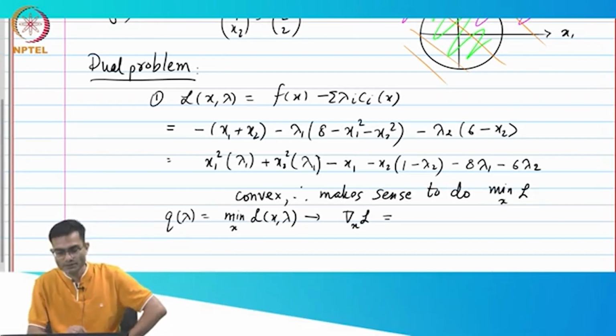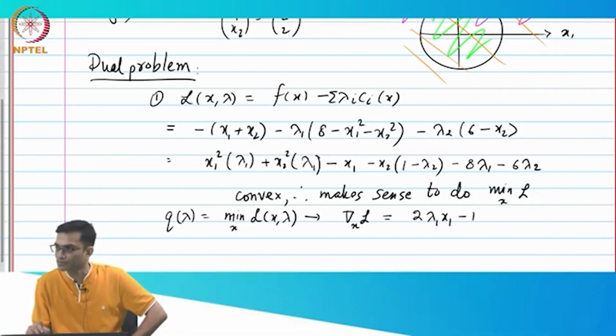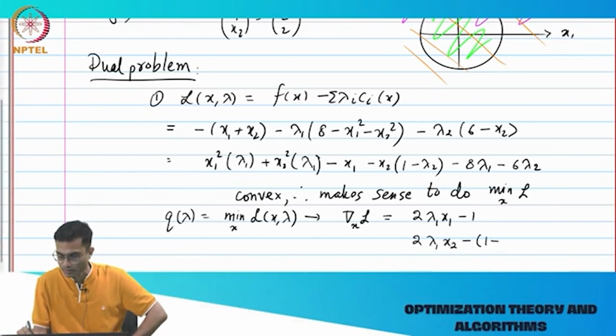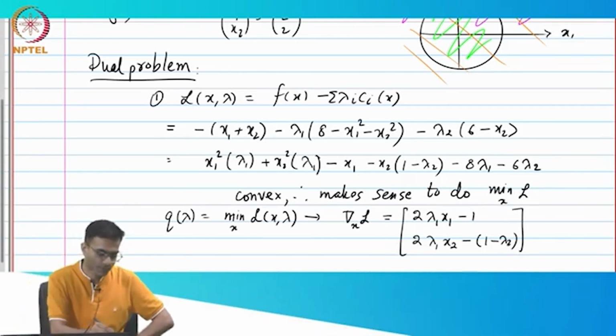Derivative with respect to x1, what will I get? 2 lambda 1 x1 minus 1 is the first term, and 2 lambda 1 x2 minus 1 plus lambda 2 is the derivative with respect to x2, and I should do what to this?